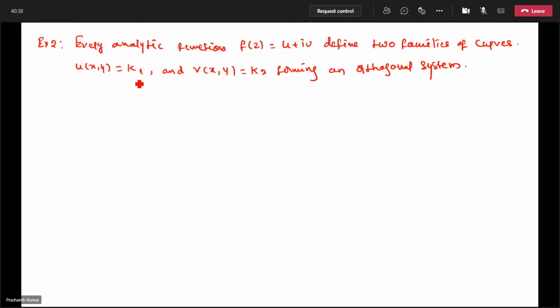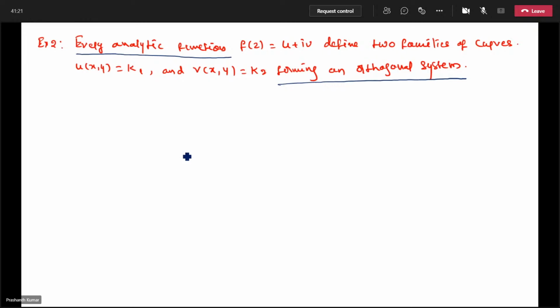And one more important thing here: if I read it like this, every analytic function forms an orthogonal system. This is the note you should write. Okay, this is very, very important. So if the function is analytic, it definitely satisfies the orthogonal trajectory system.